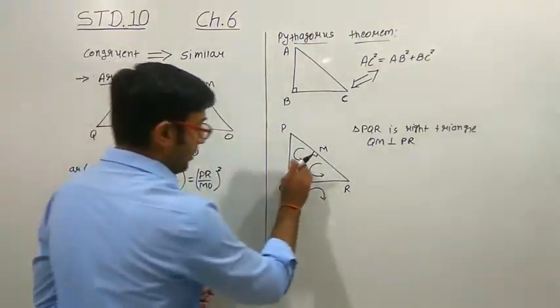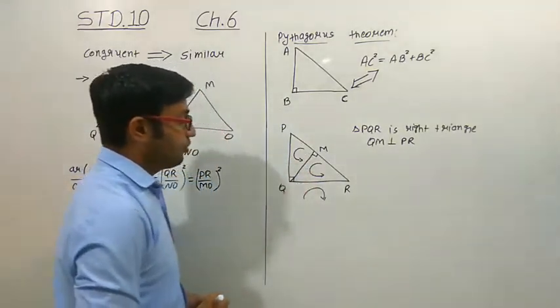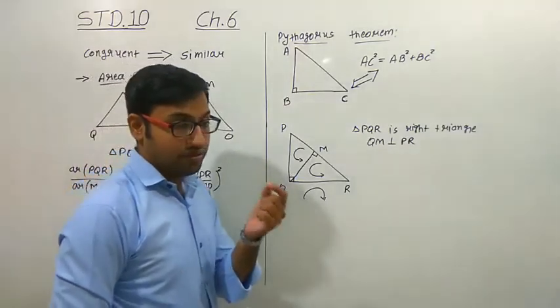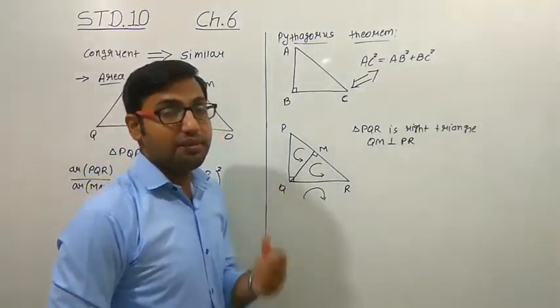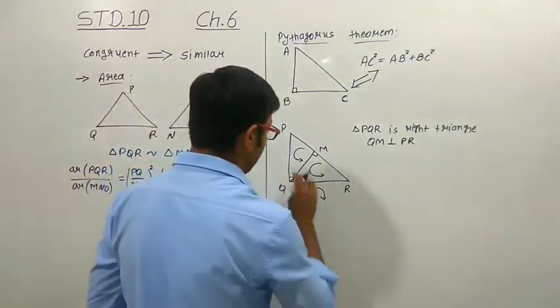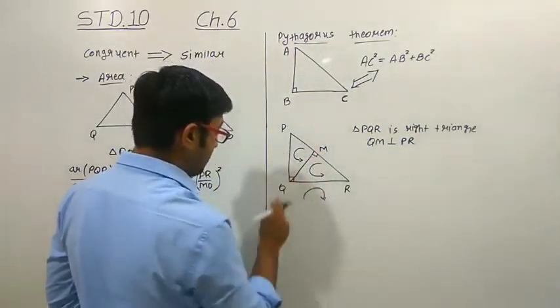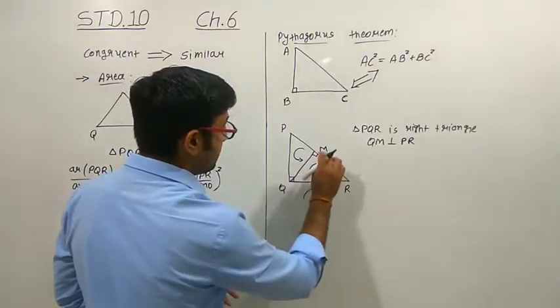One more thing to keep in mind is that when we name the triangle, the right angle must be in the middle. Suppose we want to write this triangle PQM; we cannot write it as PQM.